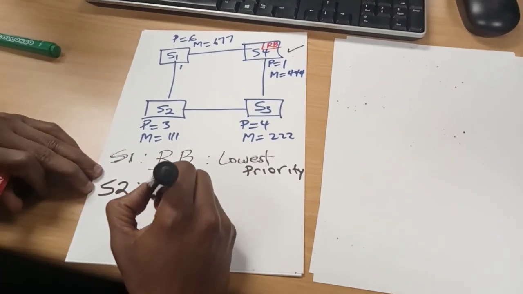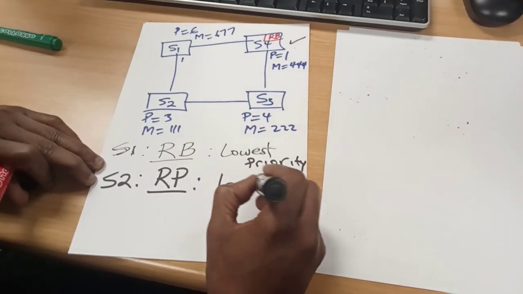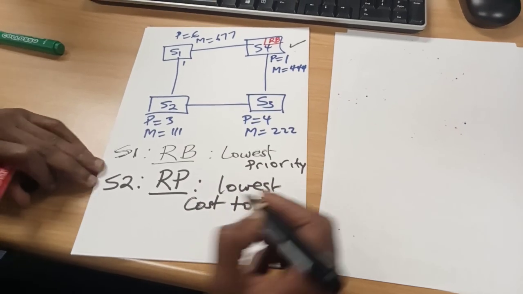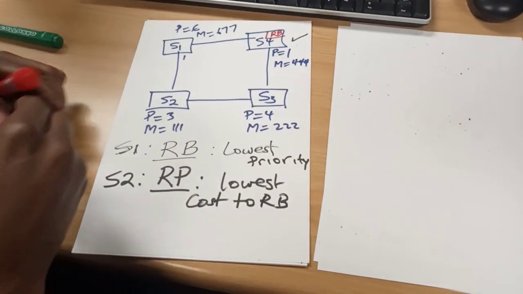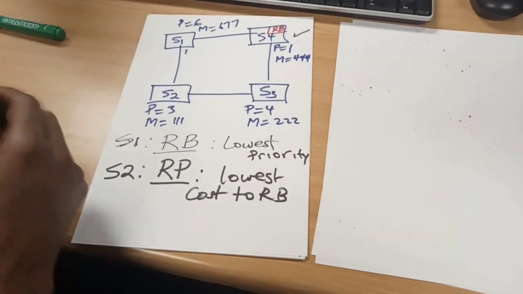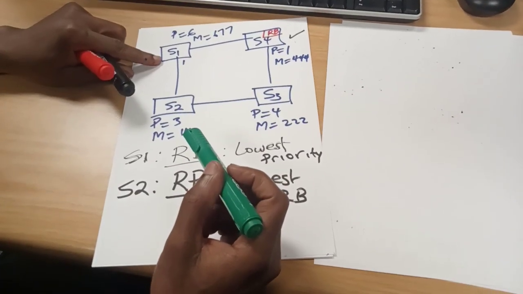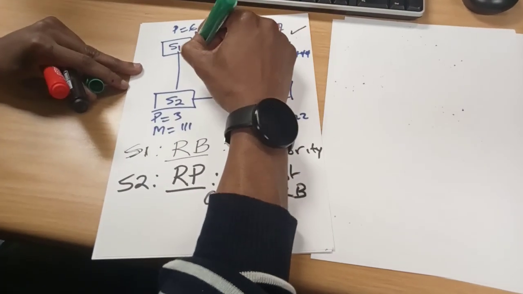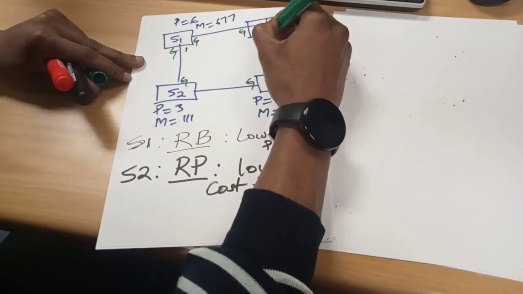Step number 2, root port: lowest cost to the root bridge. You must go to every switch that points to the root bridge and check for the lowest cost. We're going to start with switch number 1. Let's say we are using gigabit links or interfaces.